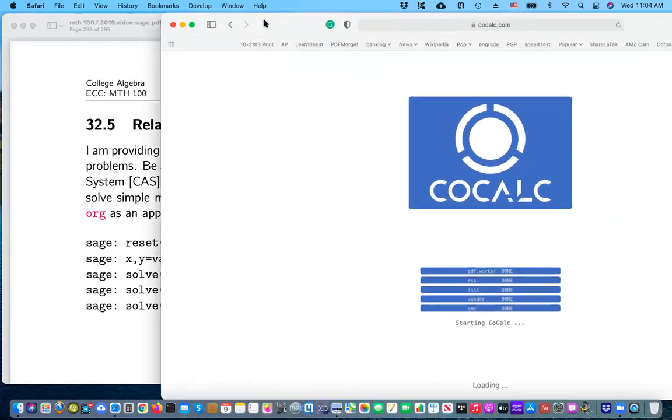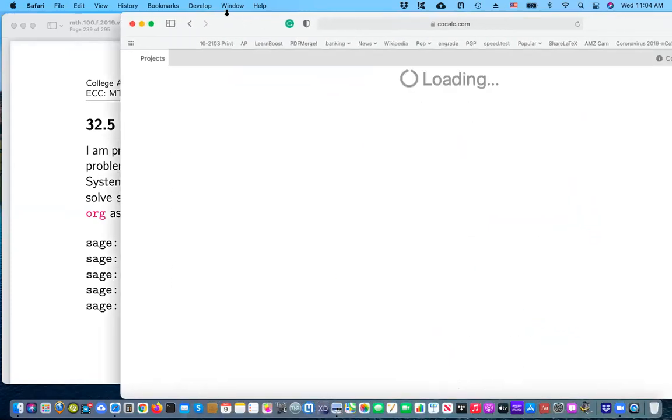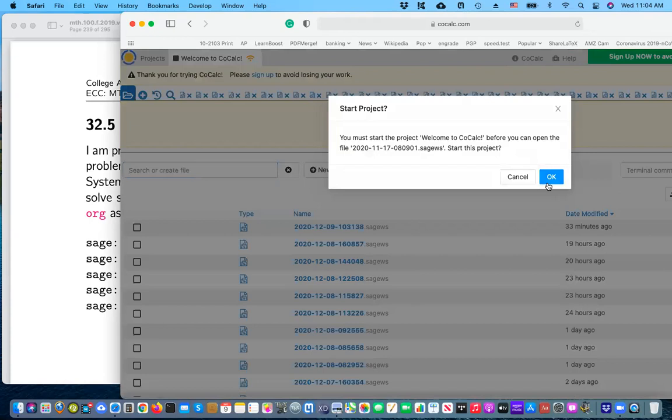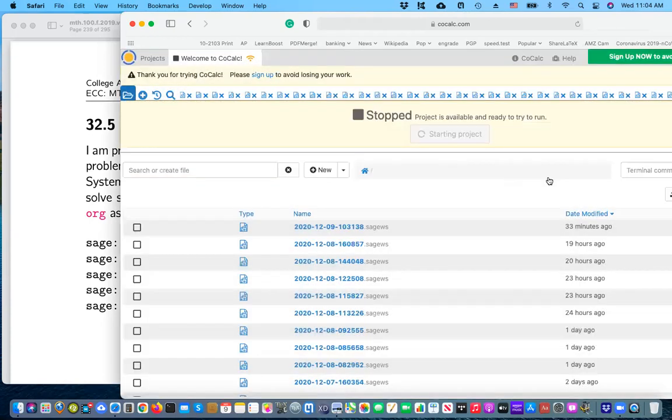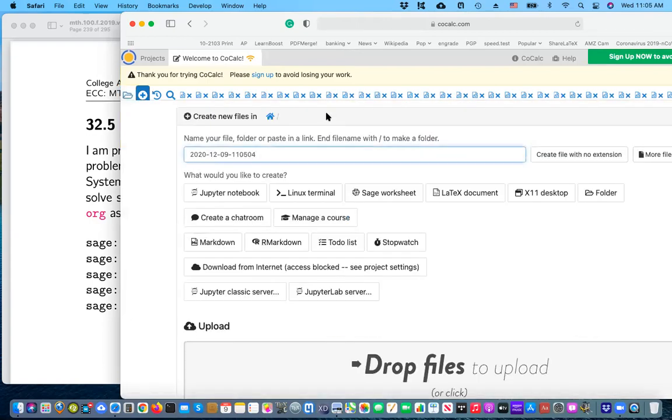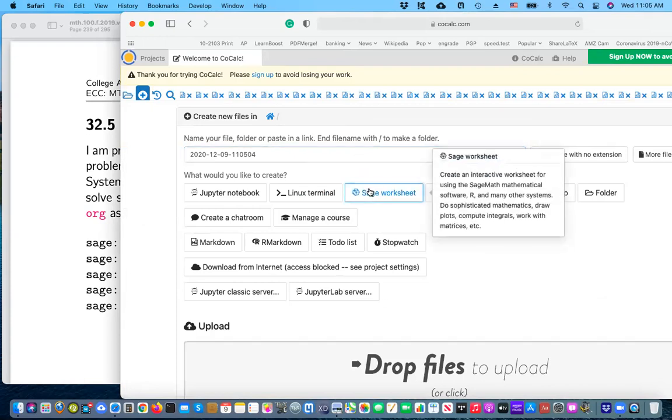What we'd expect you to do is create a worksheet. You can use an old worksheet or new worksheet. I tend to like new worksheets. And it's running now. Let's give it some time. New worksheet, SAGE worksheet.